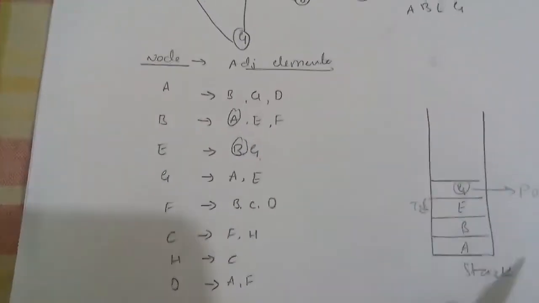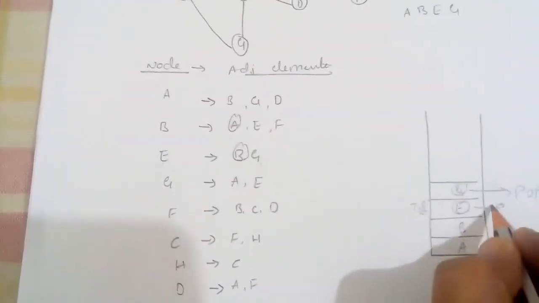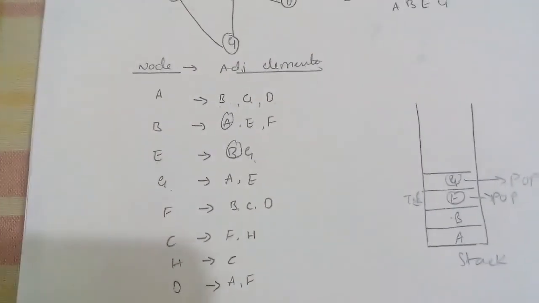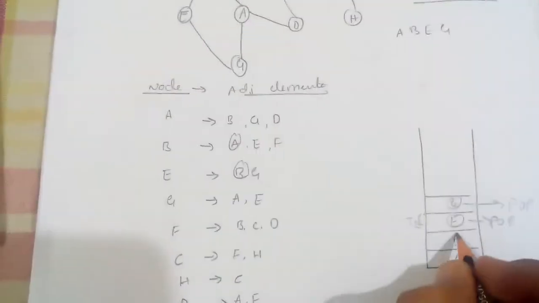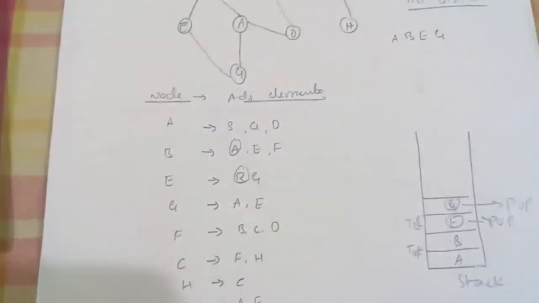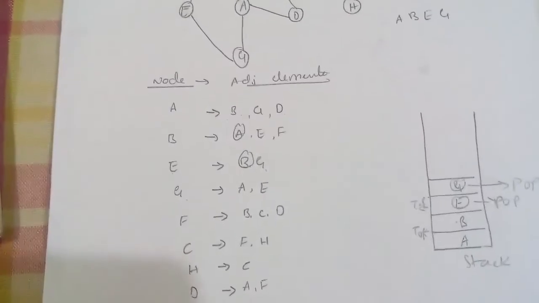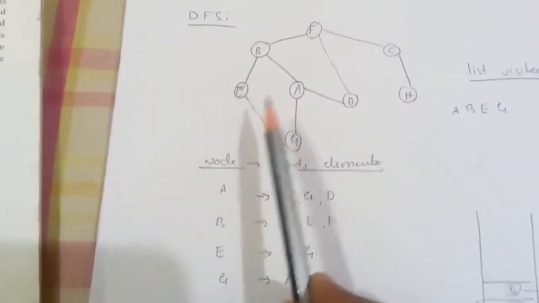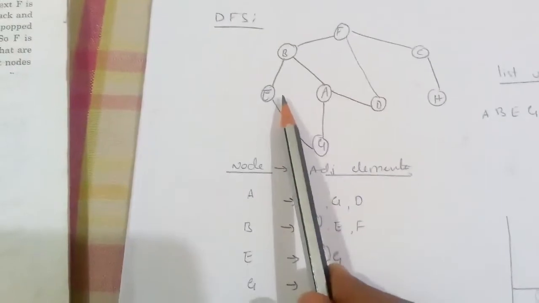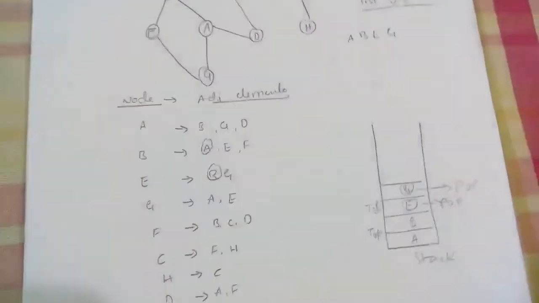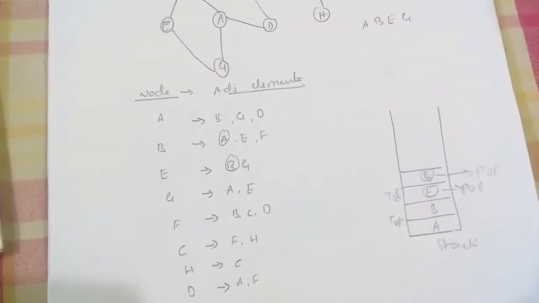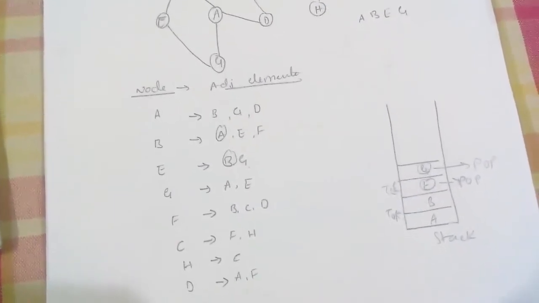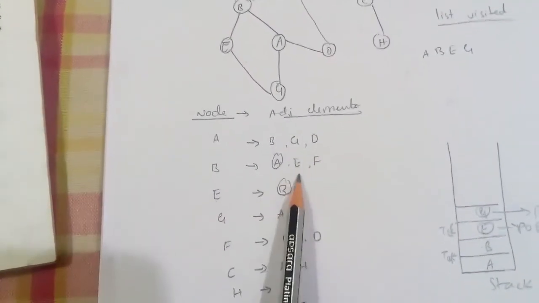So now E is popped from the stack. Now the top of the stack is B. The adjacent nodes of B are A, E and F. A is already visited, E is already visited.